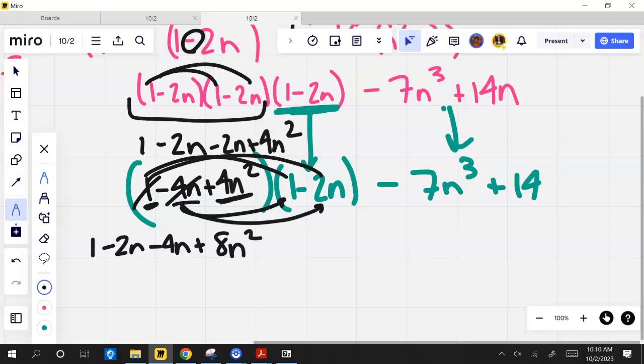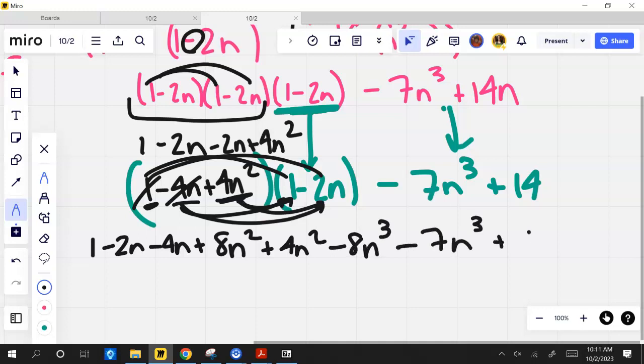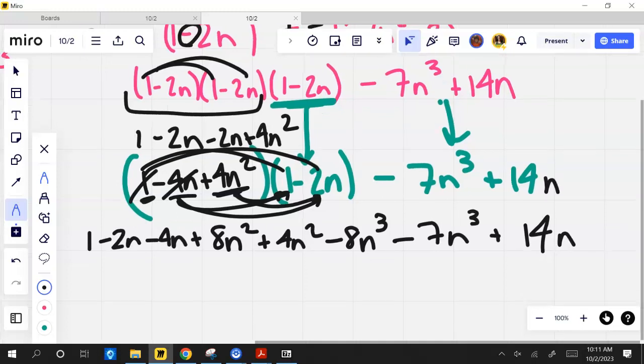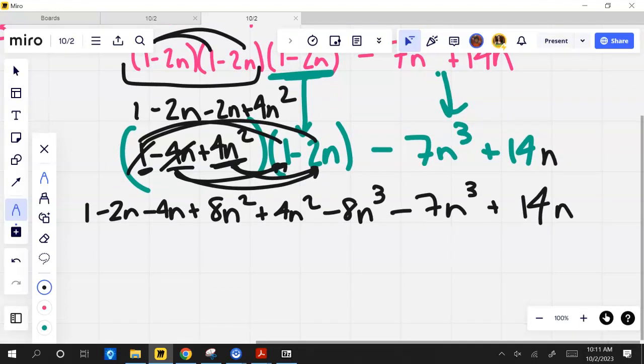Now I look at this number, right? It has to distribute through to everything times 1 and times negative 2n. And I still have these little values on the end that I am going to have to combine. All right. Biggest power I see is 3, so let's grab all those together.